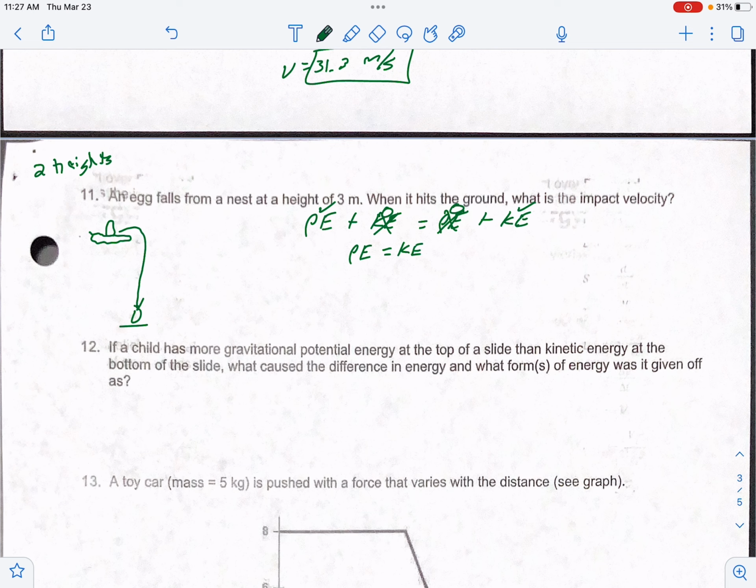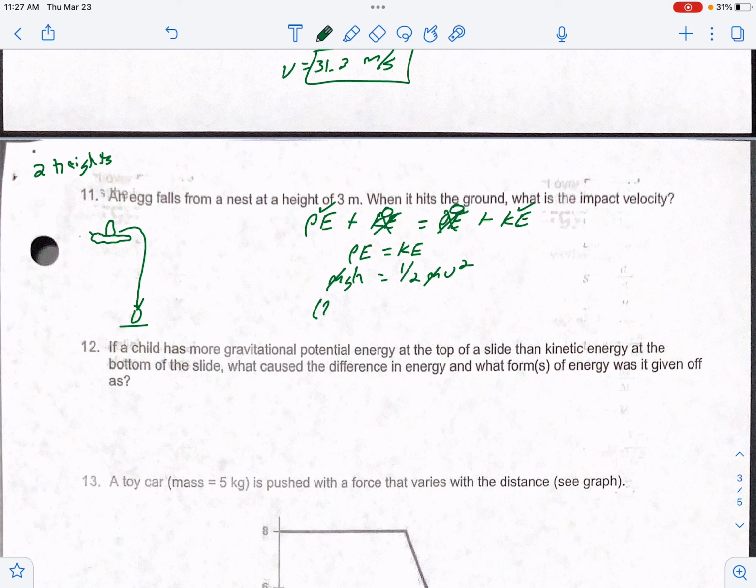So let's plug in our equations. Mass times gravity times height equals 1/2 mv squared. Well, if m is on both sides of the equal sign, and it has to be the same object, it's the same egg before and after. Mass does not matter, so you can just cross it out because it would just basically divide out on its own anyway. So I'm just going to plug in now.